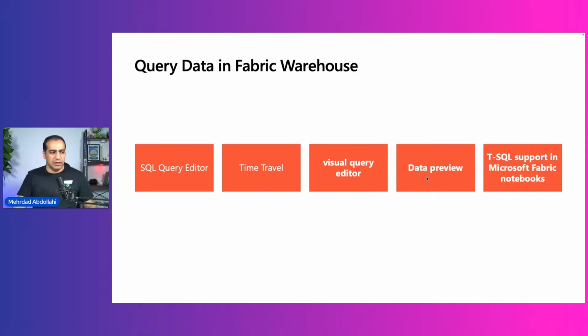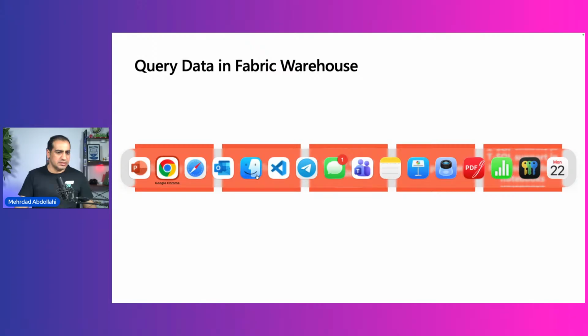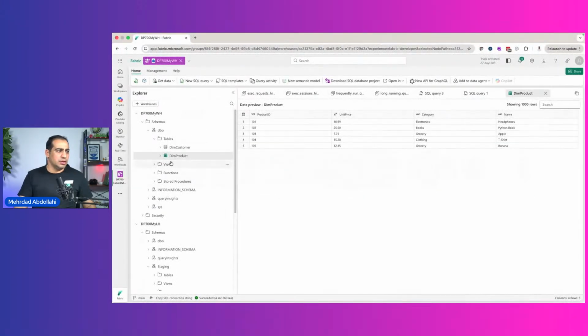You have the data preview available when you click on your table or views, and also you can time travel in your data and see how it looked at that time, or even just clone the table.